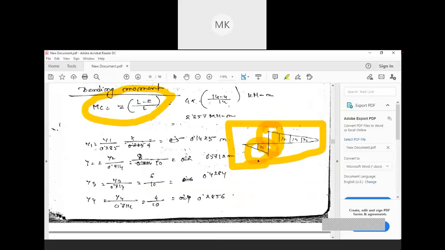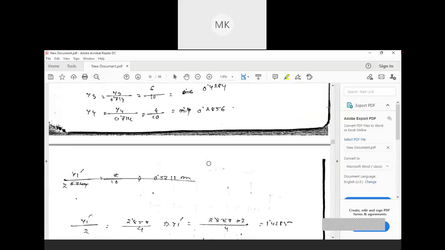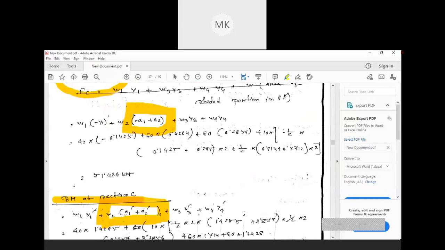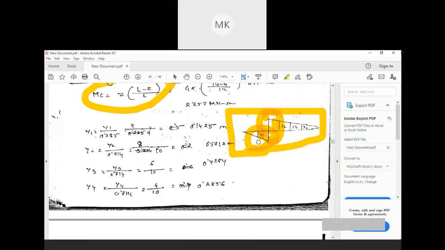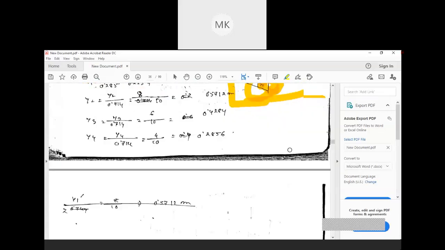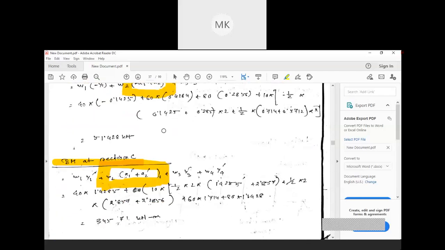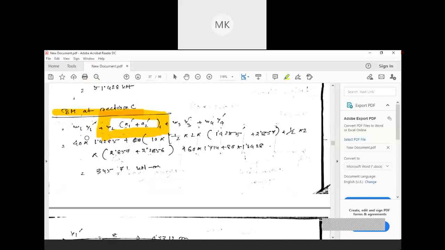And this sign also, here you see we are using some sign. Before y1 it is minus, a1 it is minus, as per this figure. If it is on the lower side you should use minus, if it is on the upper side it should be positive.